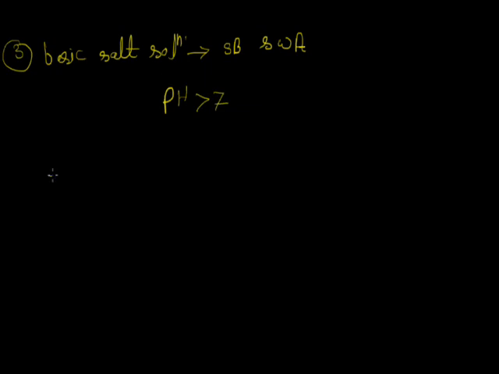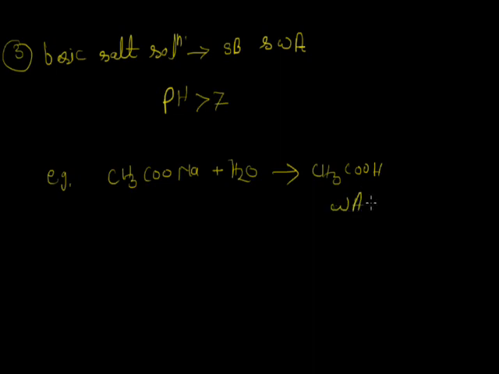For example, sodium acetate, CH3COONa, dissolved in water gives a weak acid, acetic acid, and a strong base sodium hydroxide. So the aqueous solution of sodium acetate acts as a basic salt solution and its pH will be greater than 7.